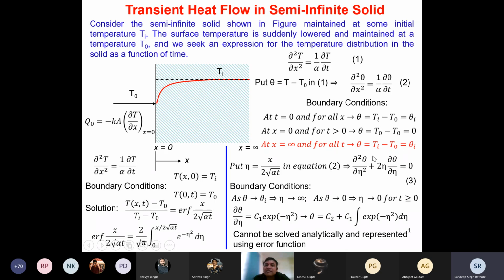This boundary condition I will not be able to implement, because what is X equals infinity for me? Can I apply this boundary condition? No, sir. It's not possible to apply this boundary condition. That is why very often such situations are non-dimensionalized, so that I can get rid of this third boundary condition. Okay, is it clear to everyone?